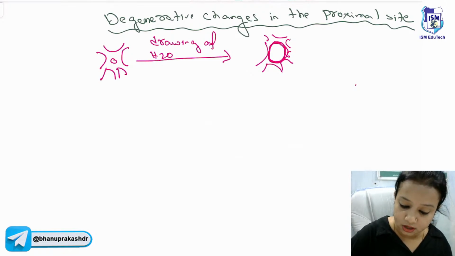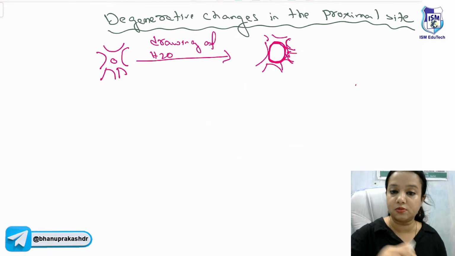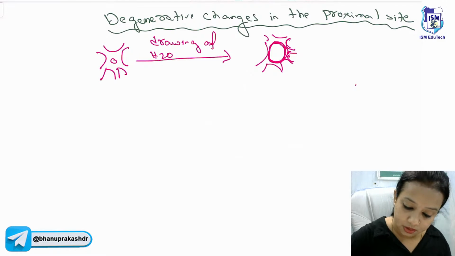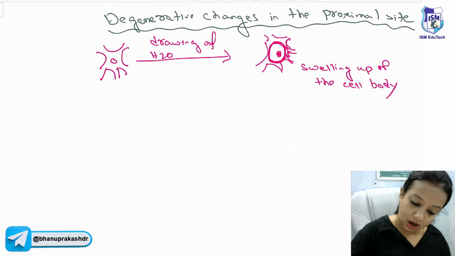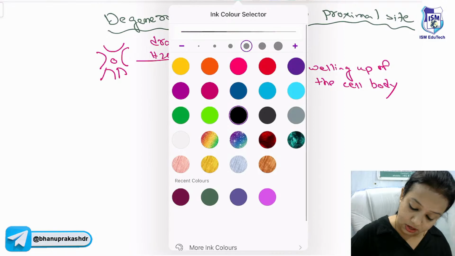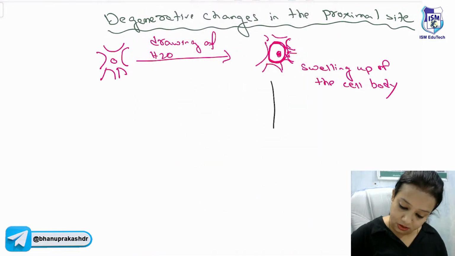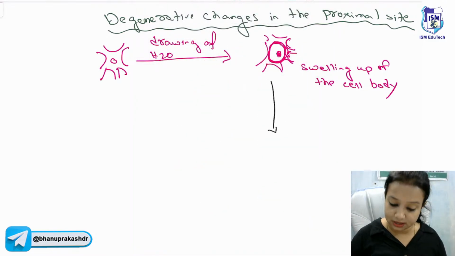There will be water that has entered and there will be flattening of the corners from where the dendrites are. It will be much more flattened. So there will be swelling up of the cell body.